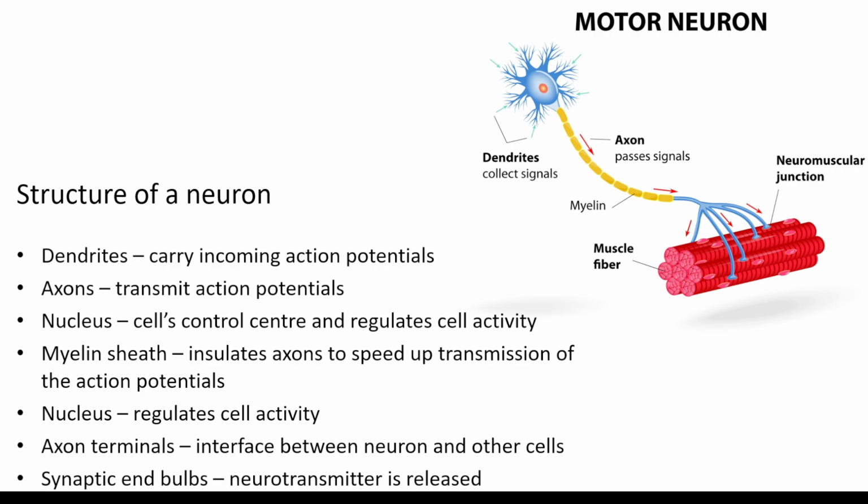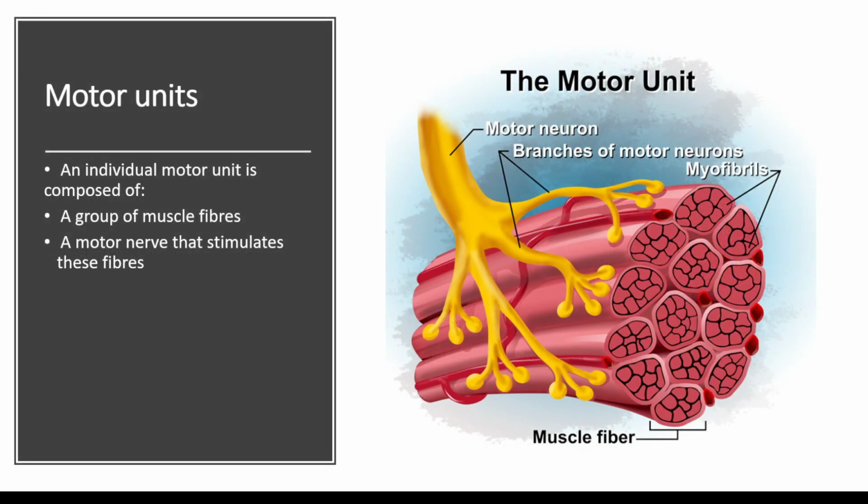So if the brain has told the neuron, right, I want to contract this muscle, those dendrites pick up that information, receive it, go, yep, okay, I know my job, send it down the axon, attached to the muscle fiber, and then send that electrical signal to contract that muscle. And then, as I mentioned, your motor unit is the two working together. So it's when your neuron actually attaches to a muscle fiber.